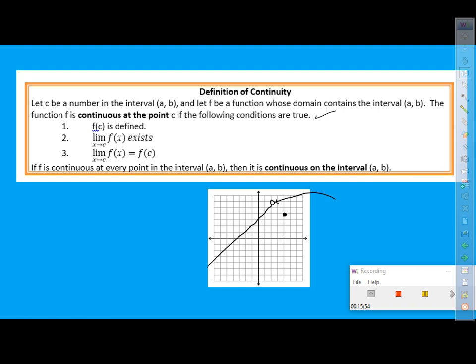There's a limit at x equals 2 right now. And to be truthful, let me move that over to 4. There's a limit as I approach 4 right now from both sides. But notice that I have an open dot there that's not filled in. For this to be true, this would also have to be filled in. So basically, I got to be able to draw the function without picking up my pencil.